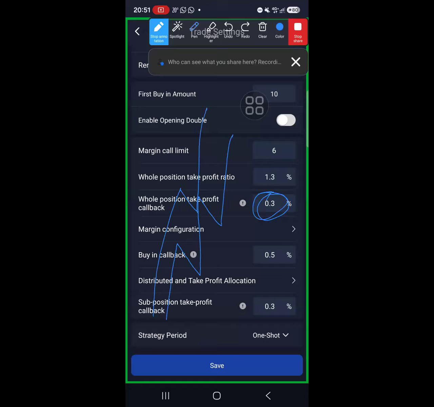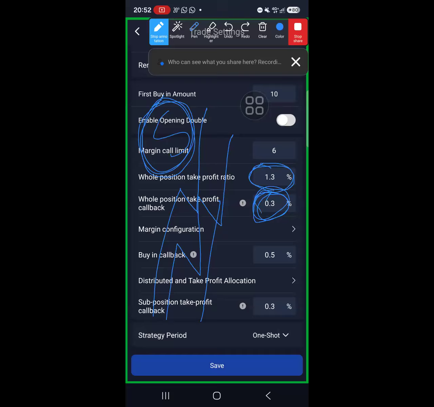So sometimes the price can go as high as 5% in profit. Okay? The price will go up by 5%, but your target profit was 1.3. What is going to happen? The robot is going to give you the full 5% instead of the 1.3%, simply because of this callback that you put here.